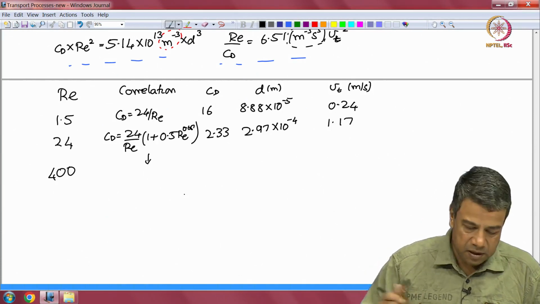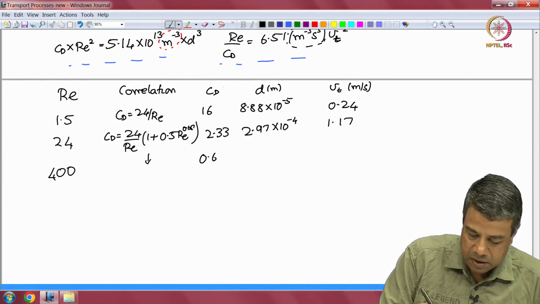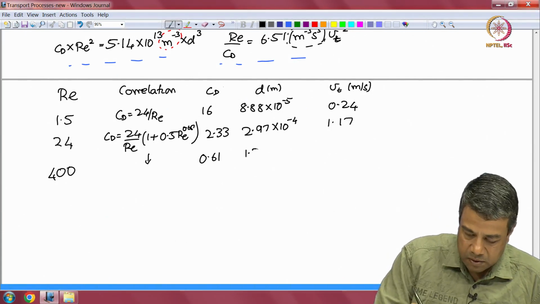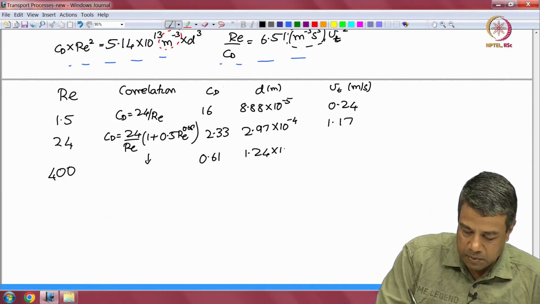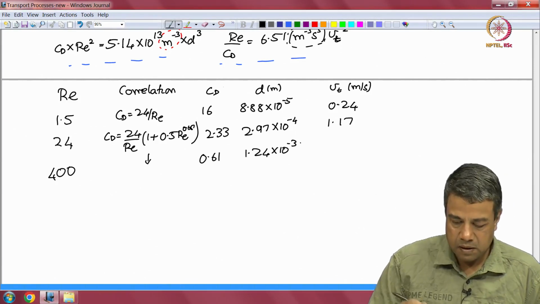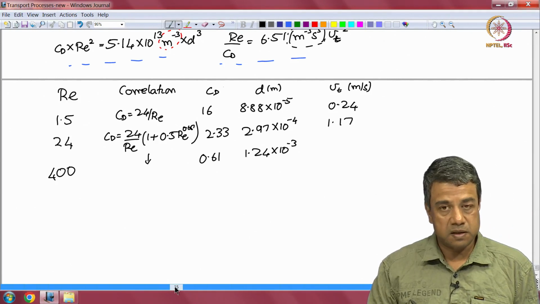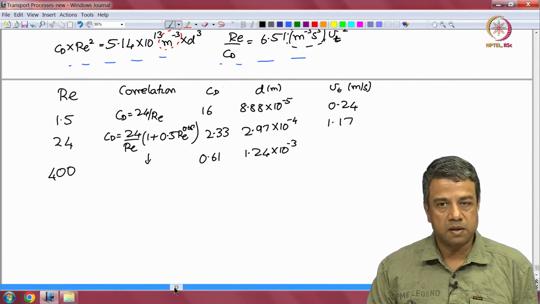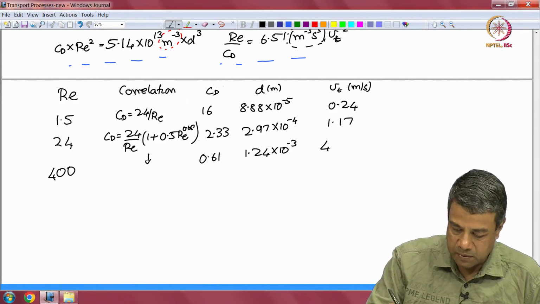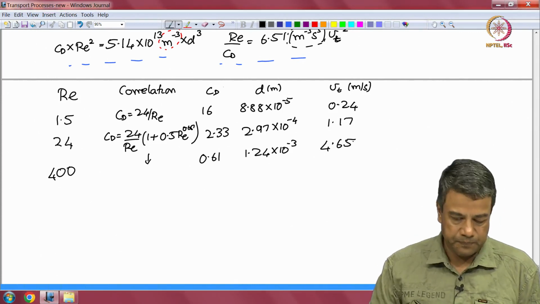And you can calculate the drag coefficient is about 0.61. The diameter is 1.24 into 10 power minus 3, okay, 1.25 millimeters. At this point, the Reynolds number is about 400. Okay. And the velocity in this case is about 4.65 meters per second.